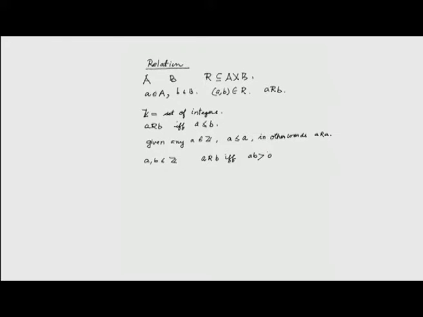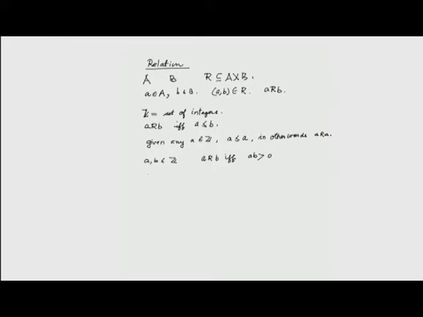Please note that here we are specifying that a times b is strictly greater than 0. So, it cannot be 0. Now, let us consider whether a is related to itself.